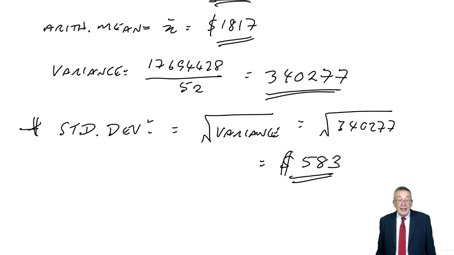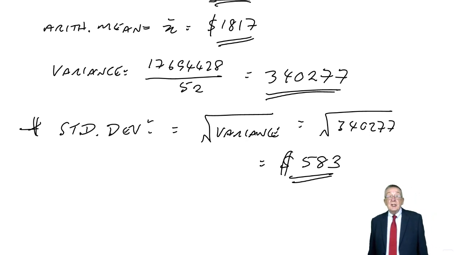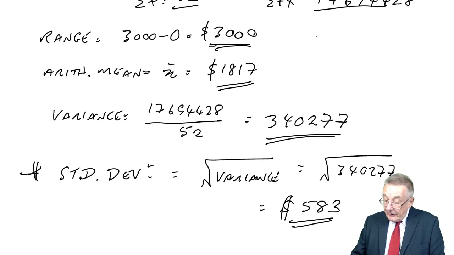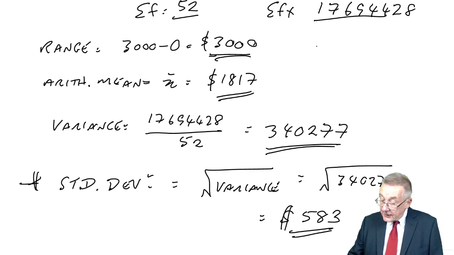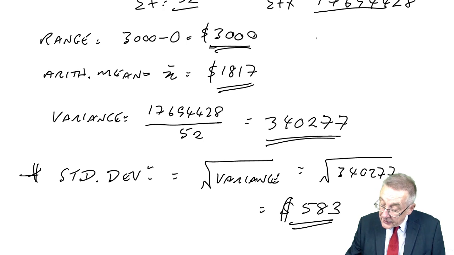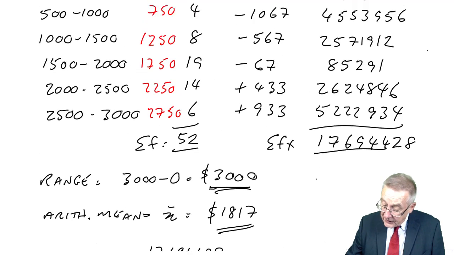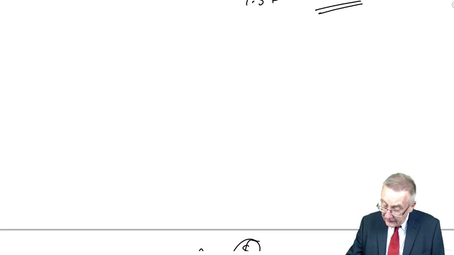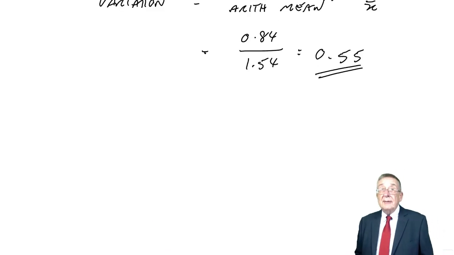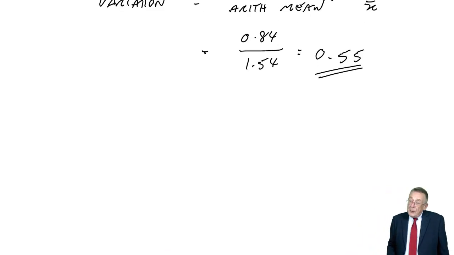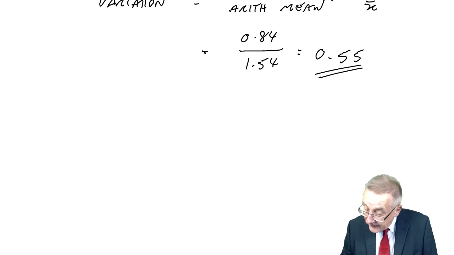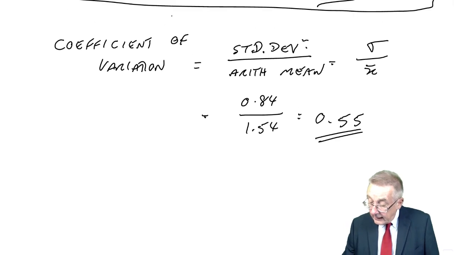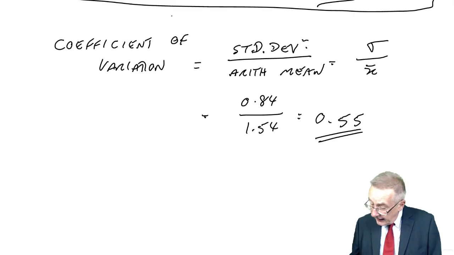Finally, and here now it might make a bit more sense what I said about coefficient of variation earlier. Here, the standard deviation is much bigger than last time. Last time, standard deviation was tiny. It was 0.54 or something. Yeah, 0.55. But of course, the average was a lot smaller. The arithmetic mean last time was 1.54, I think.